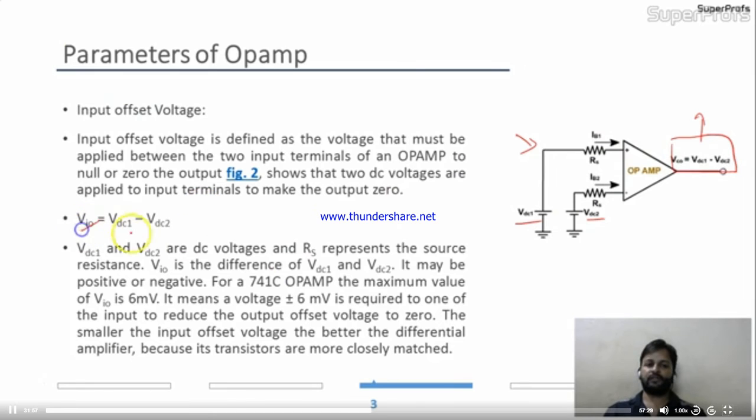So VIO is nothing but VDC1 minus VDC2. VDC1 and VDC2 are DC voltages and RS represents the source resistance. VIO is the difference of VDC1 and VDC2. It may be positive or negative.